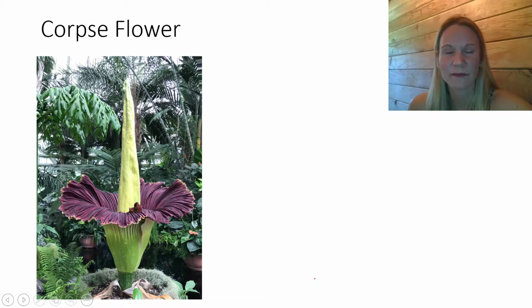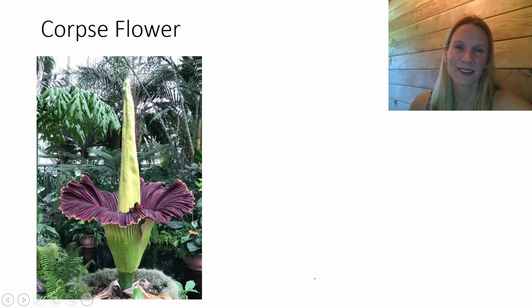So most flowers smell very sweet and they're colorful, and this is all meant to attract their pollinators. That is the purpose of the petals, to be the attractor for the insect or the bird pollinator. That is their job.